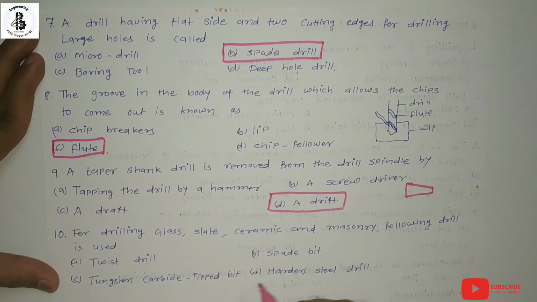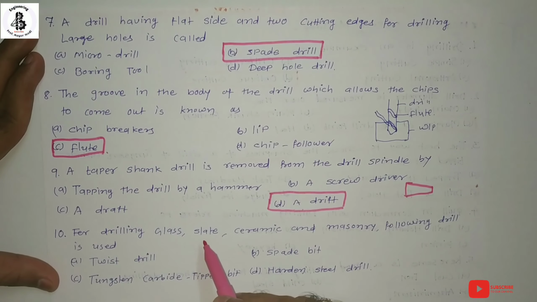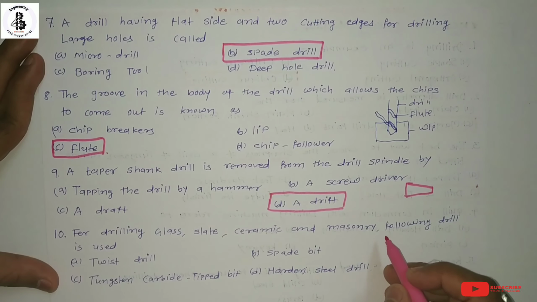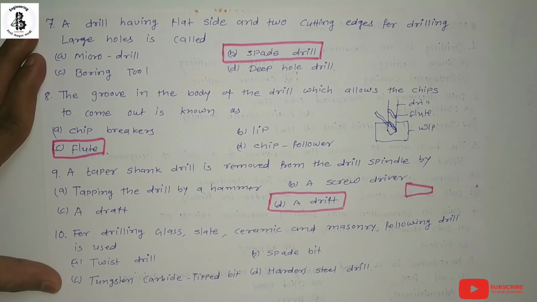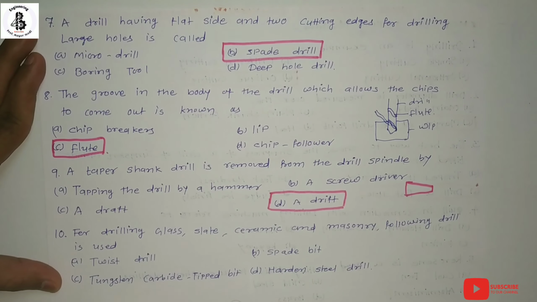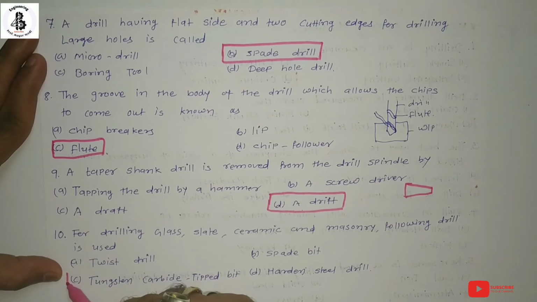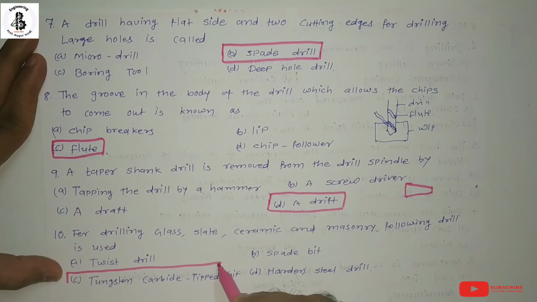So basically for working on brittle materials like glass, slate, ceramics, and masonry components, generally a higher hardness material is used. So a tungsten carbide tip tool is selected for easily performing the drilling operation.